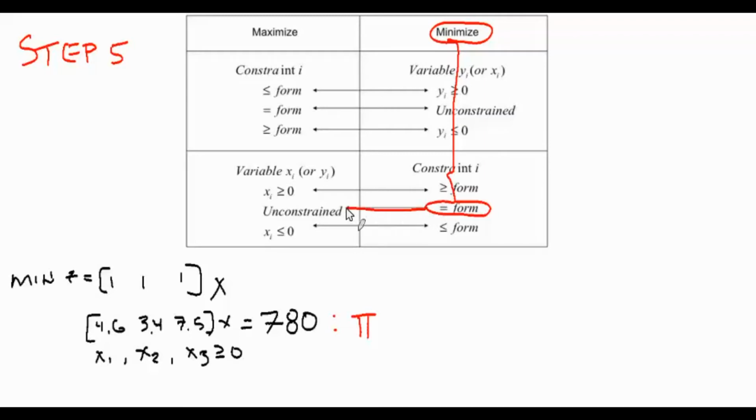Go over to the left. We see that our variable is unconstrained, so that means that pi, our dual variable, is unconstrained, or we'll write it as u and r for unrestricted, and that's the sign restriction, or I should say lack thereof, for our dual variable pi.